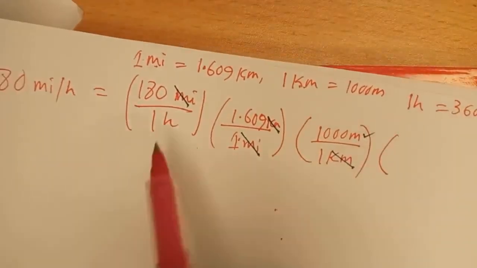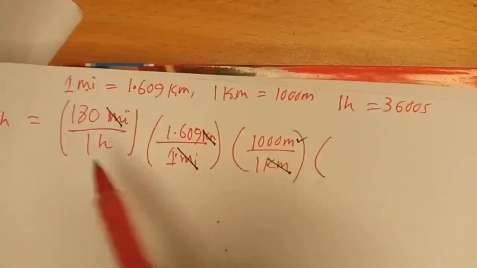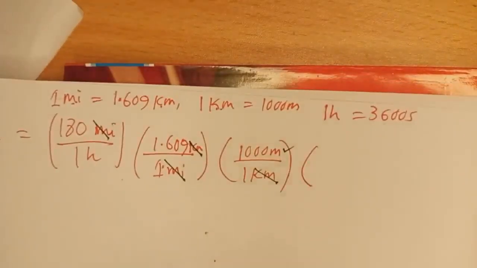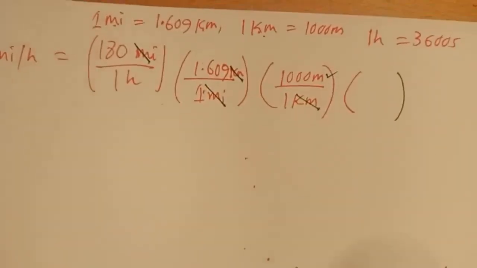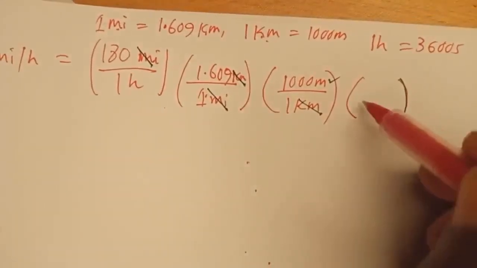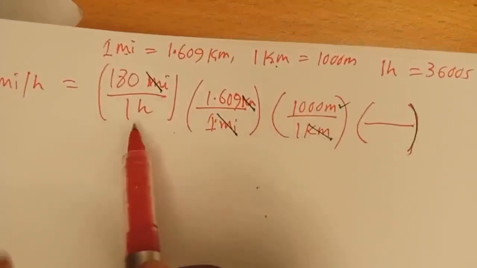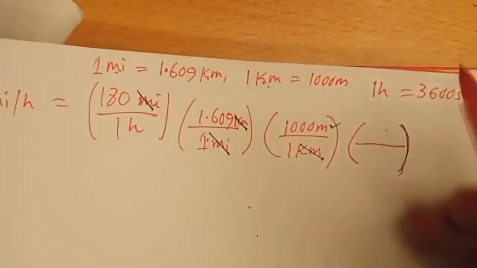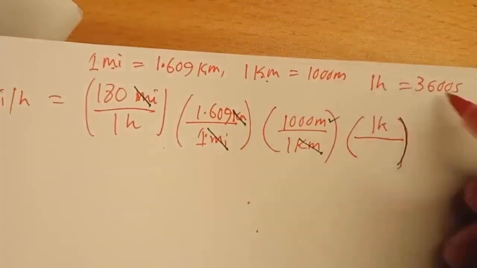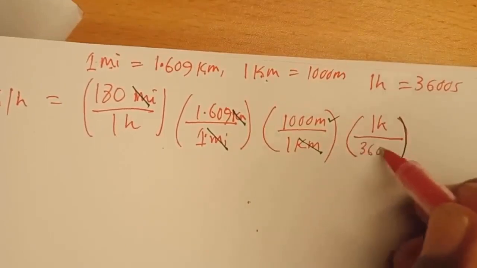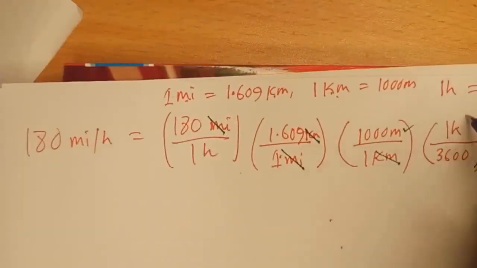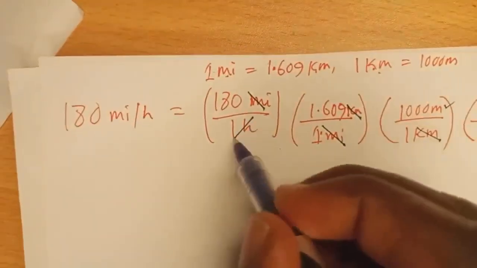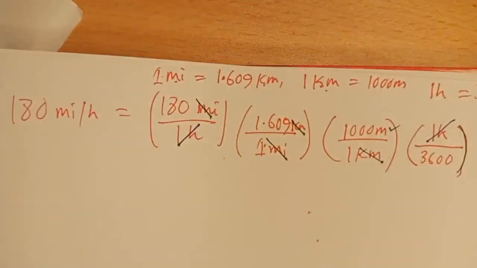Then how do I change this hour to second? In the next bracket I do that. Since hour is under, I need hour on top, so I will take 1 hour here, and the other one I will bring down, so that the 1 hour here can cancel the 1 hour there, and I have second here.